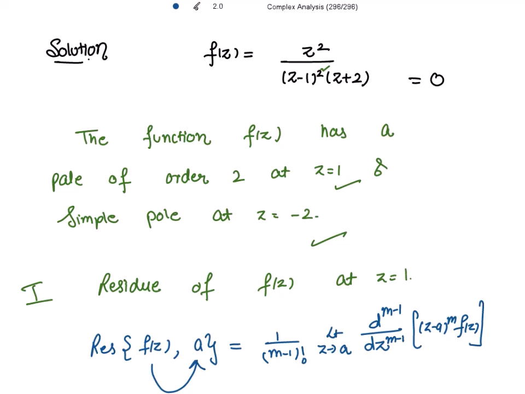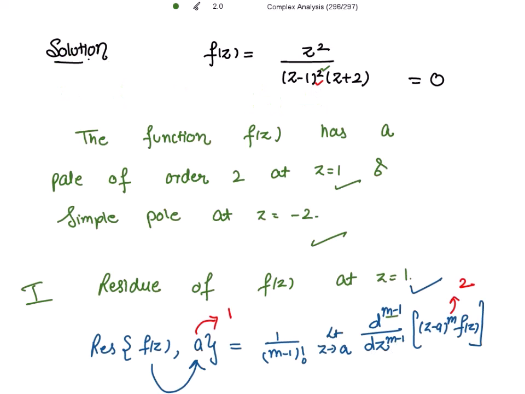So to find the residue of f(z) at z equal to 1, replacing this a with 1 and this m with 2, because I am having the power 2 over here for z minus 1. So at z equal to 1, the residue of f(z) is 1 divided by (2 minus 1) factorial, limit z tends to 1, d by dz, m minus 1 becomes 2 minus 1, that is 1.